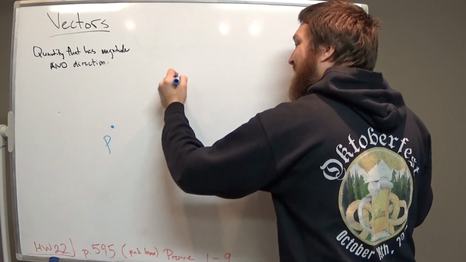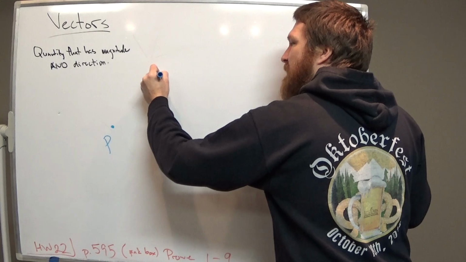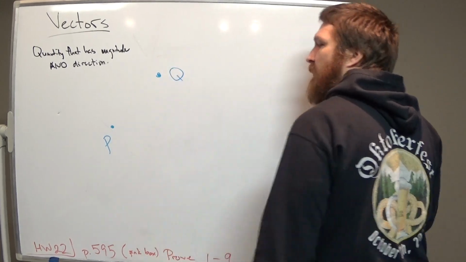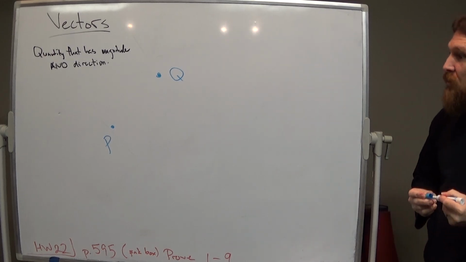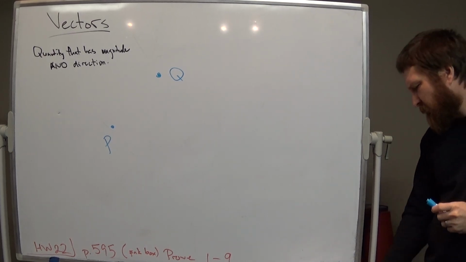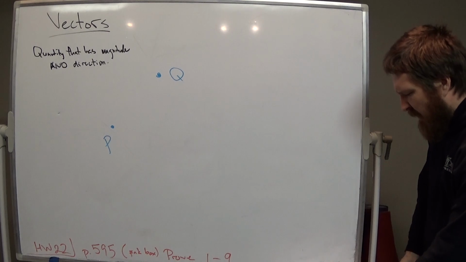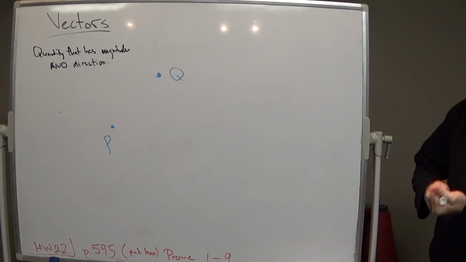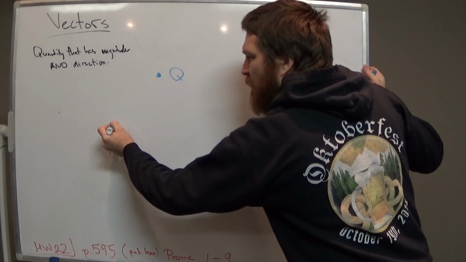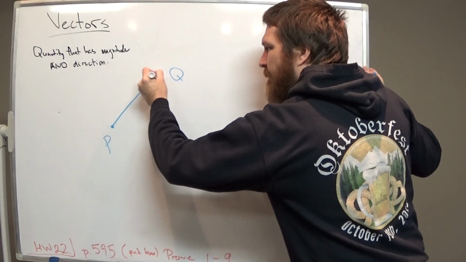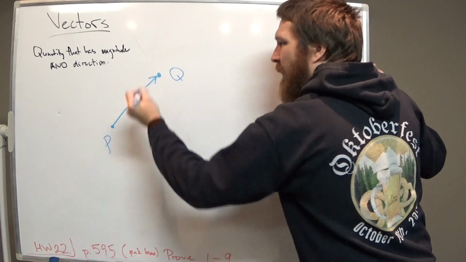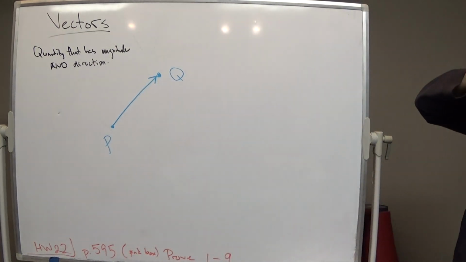So let's say we have 2 points. Let's call one of them P and let's call the other one Q. Why P? Well, point because P, I guess, and Q is the next letter. So 2 points. And what we can do is this orients something, right? We could draw a line going from one to the other. And that arrow right there is going to show the direction of this.